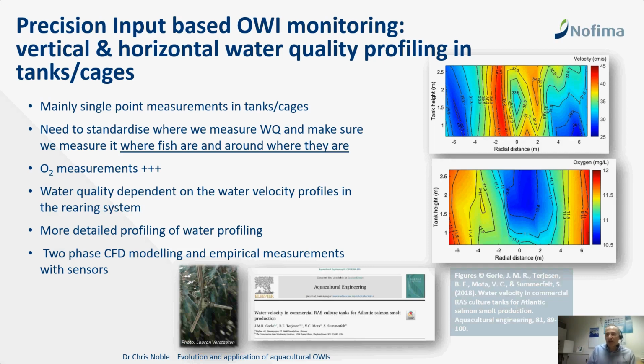You can take oxygen measurements, salinity, temperature, all these level 1 indicators, or you can move to level 2 and start looking at more complex water velocity profiles in the rearing system and get a more detailed profiling of water quality, like we have here in the paper from Gorle and colleagues in 2018.